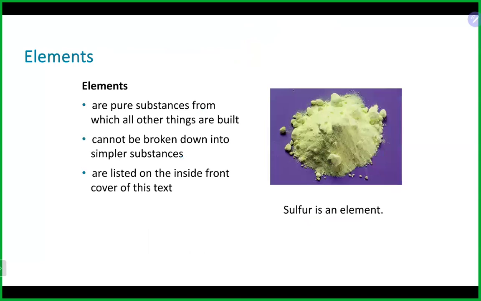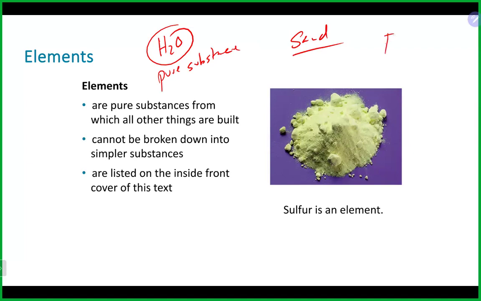Elements are pure substances. A pure substance is pretty much what it sounds like. It is basically just one thing, right? So if you had, for example, water by itself, that is a pure substance. If you had some sand by itself, that is also a pure substance. If you had just some iron metal by itself, that is a pure substance.